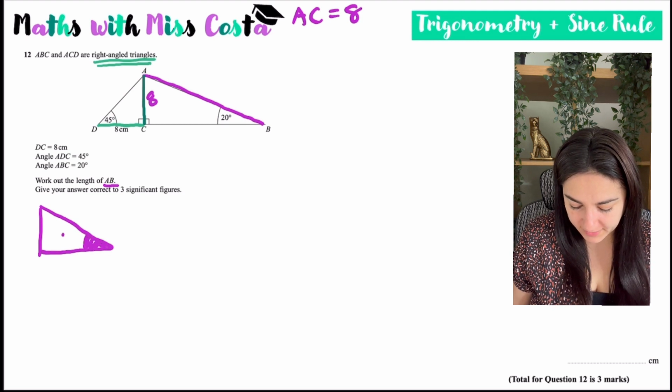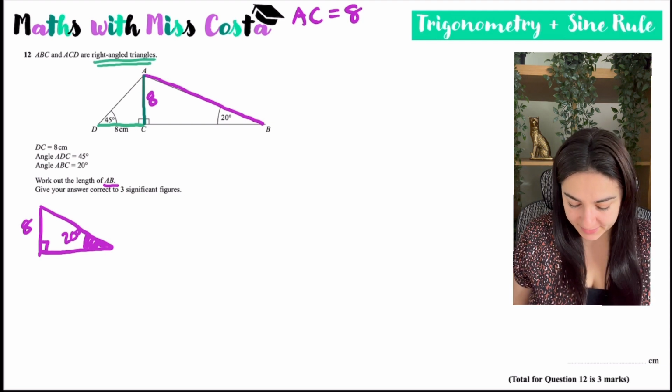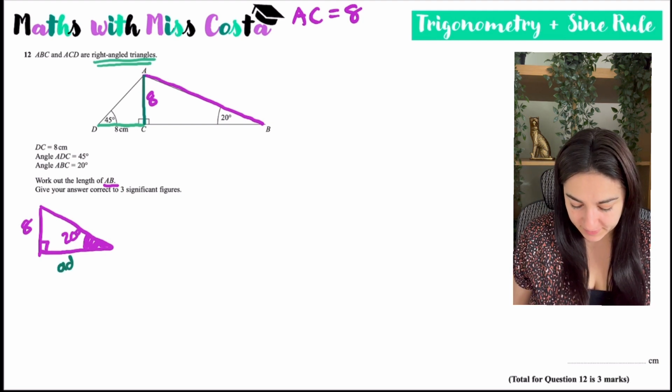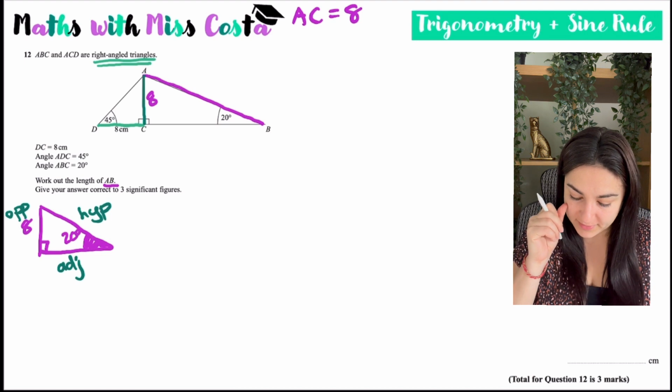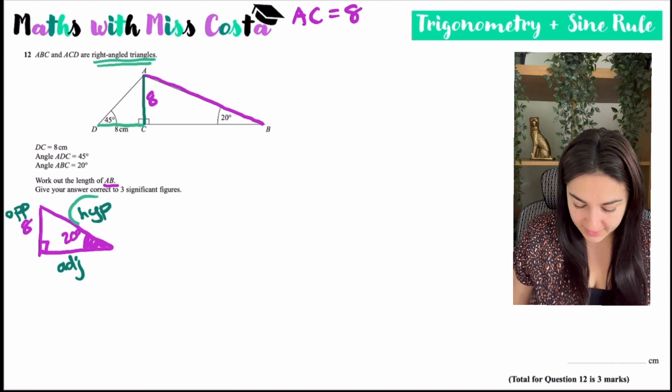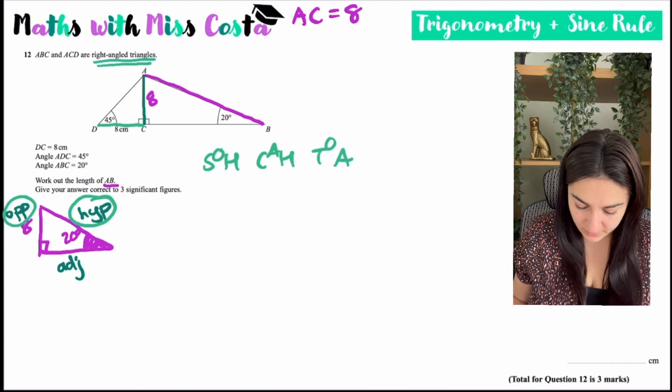So I've got my given angle of 20 degrees, a length of 8, and my right angle is over here. So once again, let's label it. So this is my angle, this would be the adjacent, this would be the opposite side, and this would be the hypotenuse. And what am I trying to work out? Well, I'm trying to work out the hypotenuse because that's the length AB, and I've been given the opposite. So once again, if I've got SOHCAHTOA, what do I do?